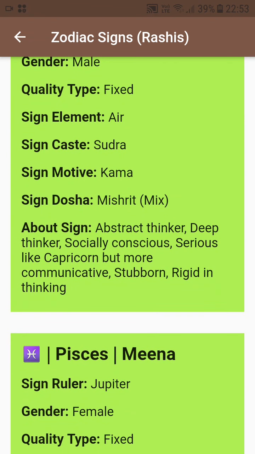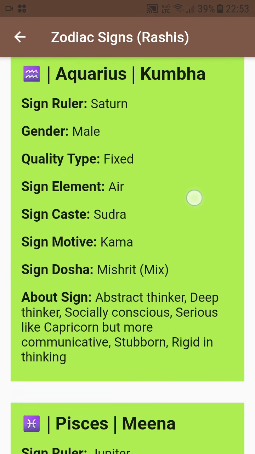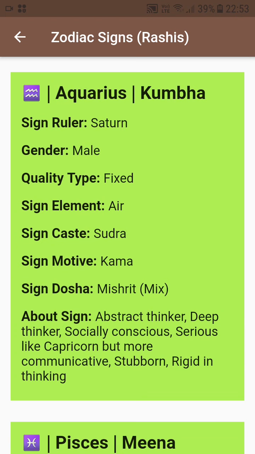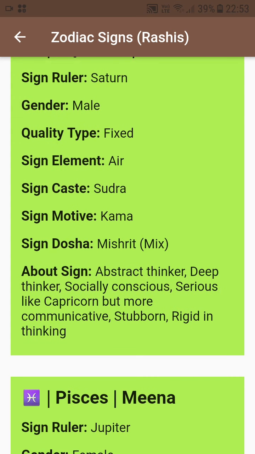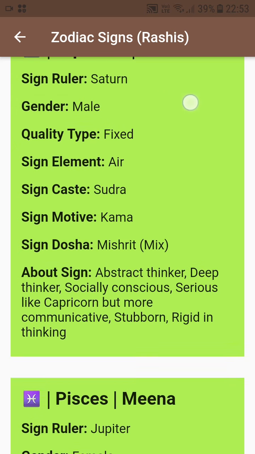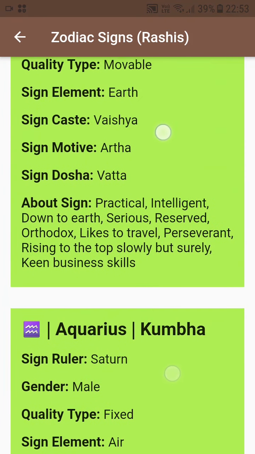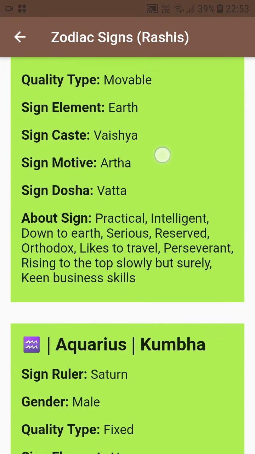Abstract thinker, okay, a very specific quality to the Aquarians. Deep thinker, socially conscious, serious like Capricorn but more communicative, stubborn and rigid in thinking. You see how these two Rashis act differently, ruled by the same planet, Saturn.